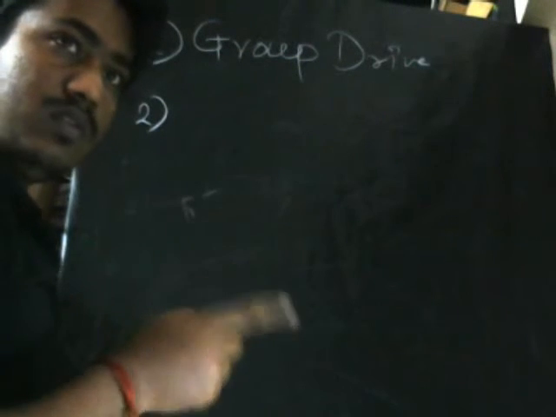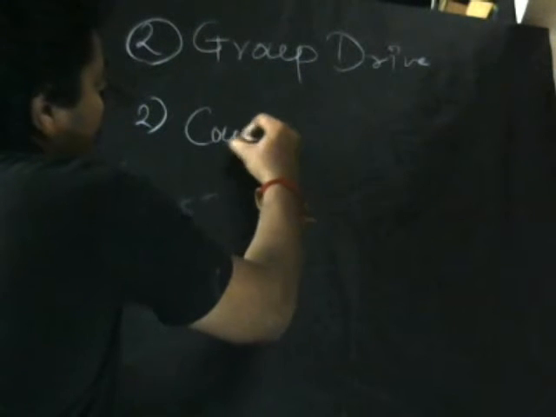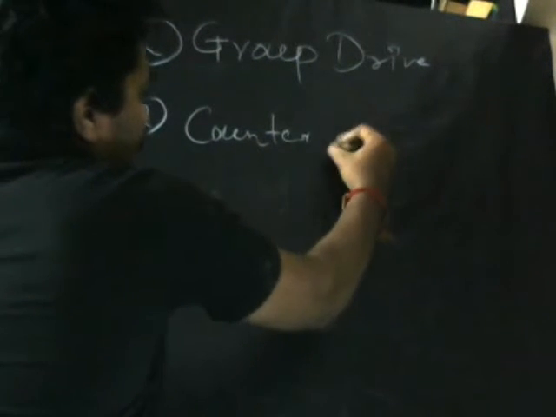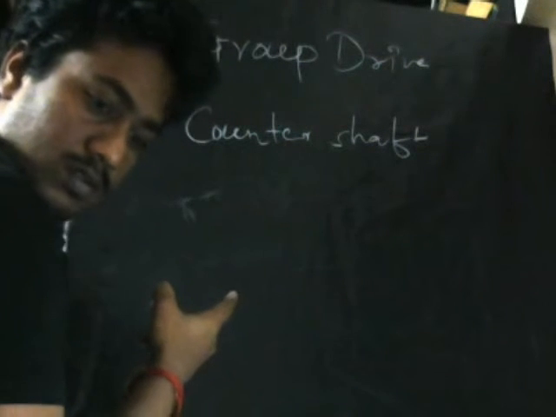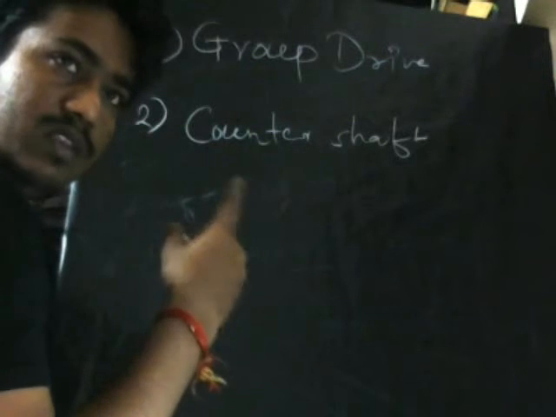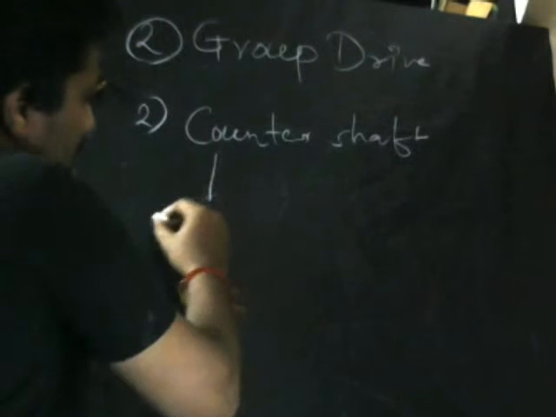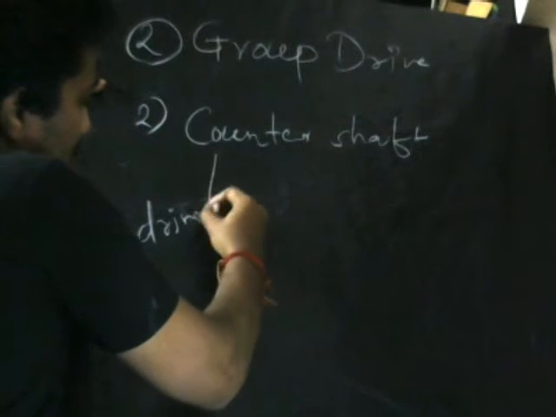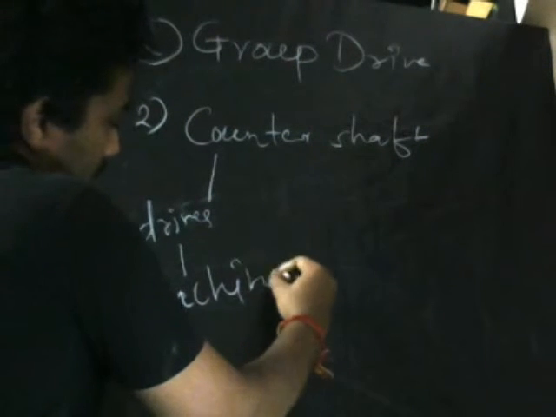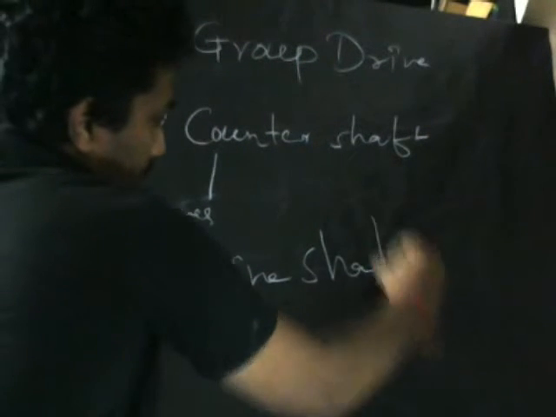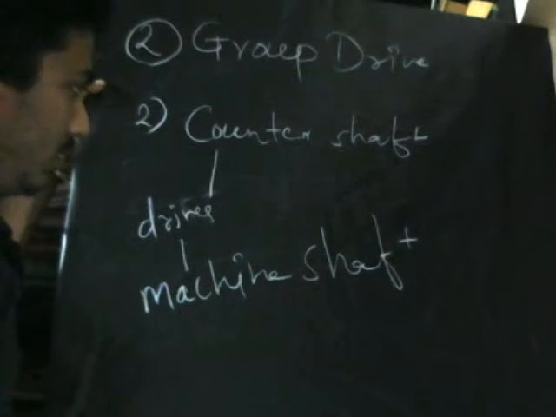Now this shaft drives another shaft, that is the counter shaft, and when this counter shaft rotates, it drives the machine shaft.